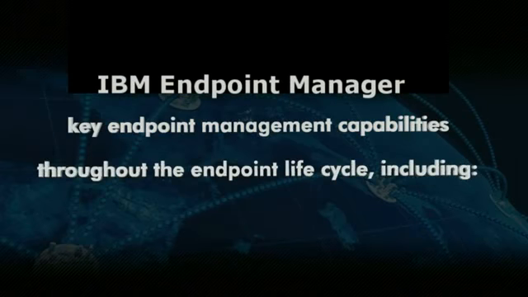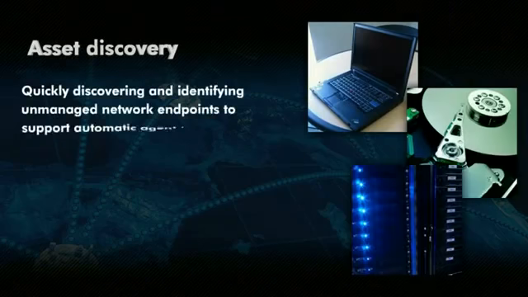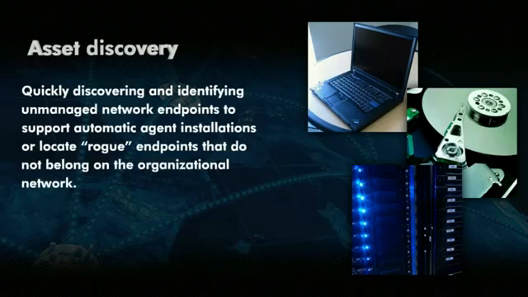IBM Endpoint Manager for Lifecycle Management provides key IT operations capabilities, including asset discovery, quickly discovering and identifying unmanaged network endpoints to support automatic agent installations or locate rogue endpoints that do not belong in the organizational network.